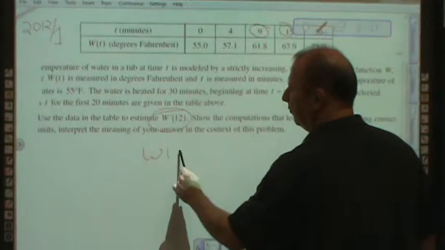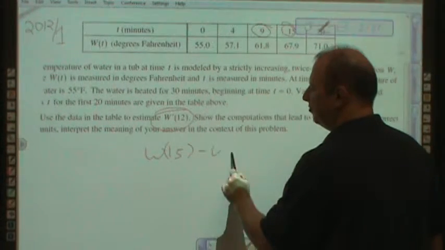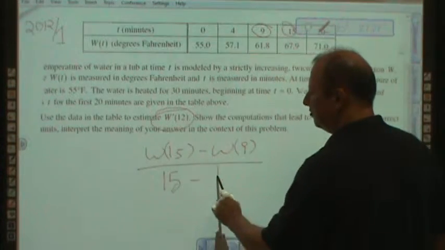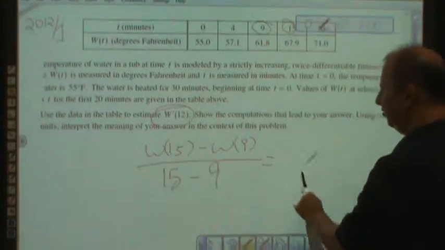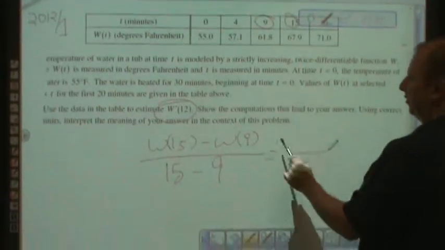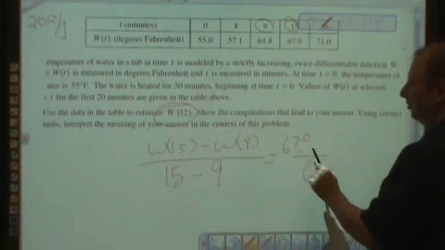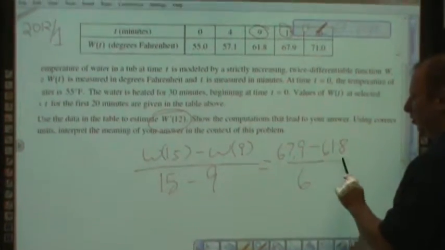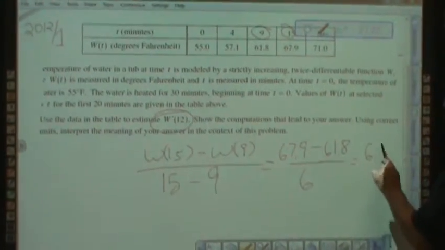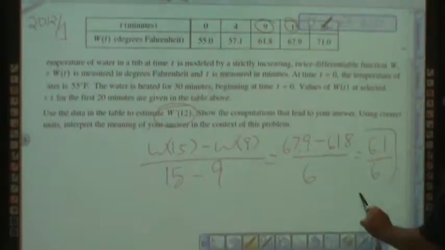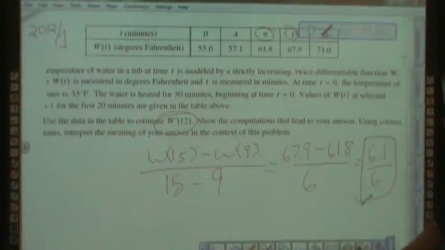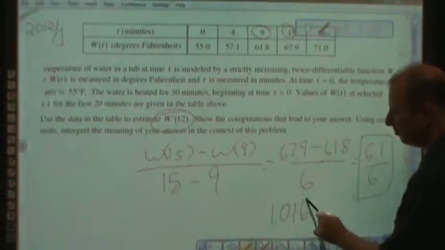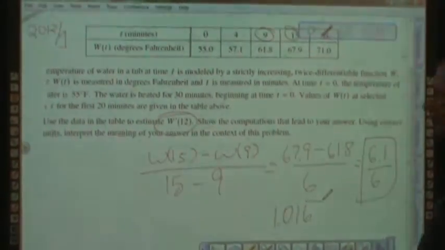W15 minus W9 over 15 minus 9, which is 67.9 minus 61.8, which gives you 6.1 over 6. There's your answer. And if you use the calculator, 1.106, and that's it. So this was part A.